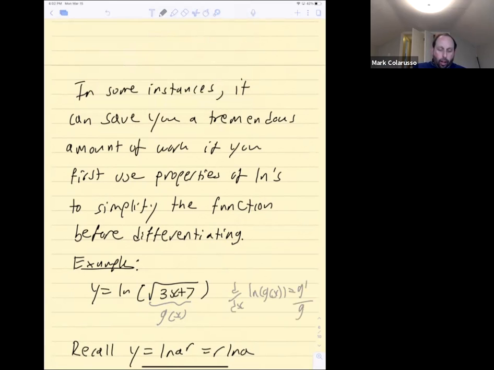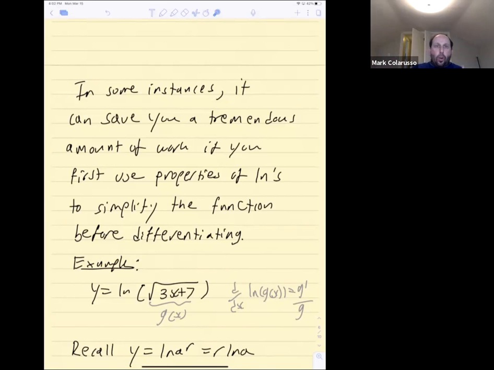But this g prime here is quite complicated, right? That requires another chain rule, because it's the composition of 3x plus 7 as the inner function with the square root as the outer function.